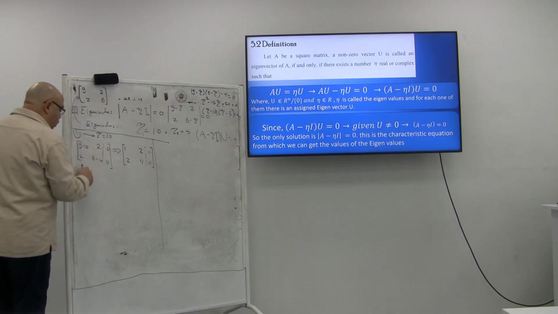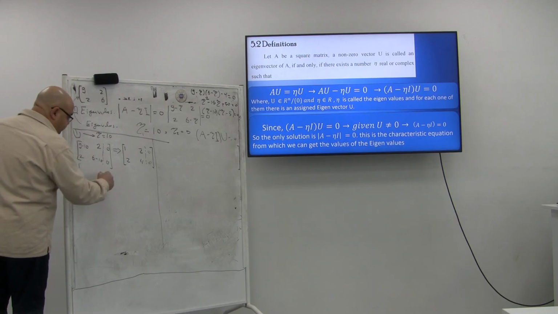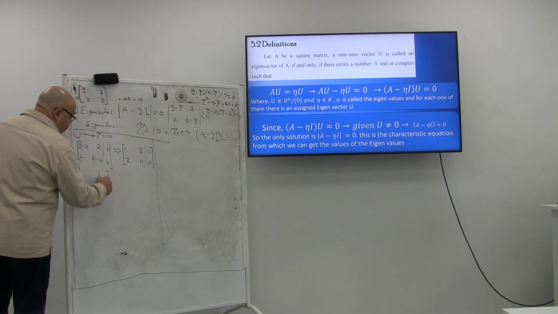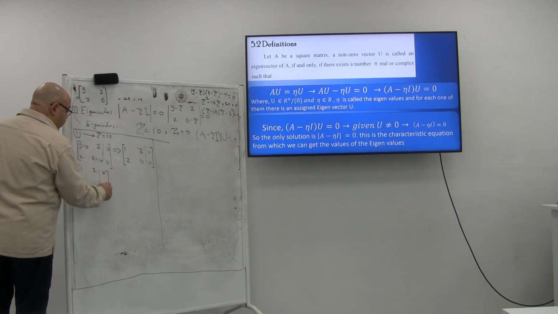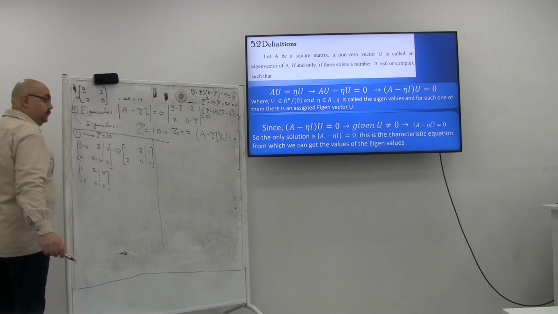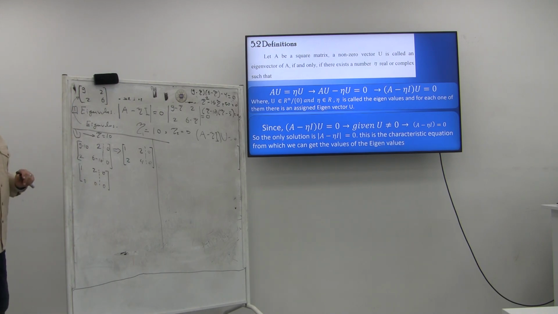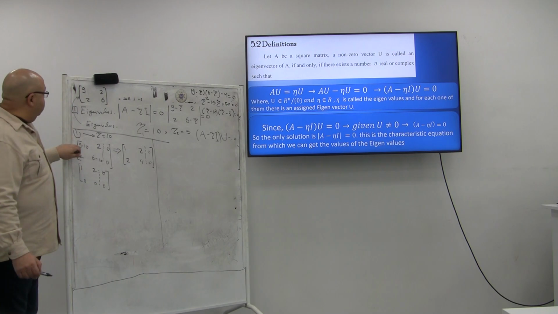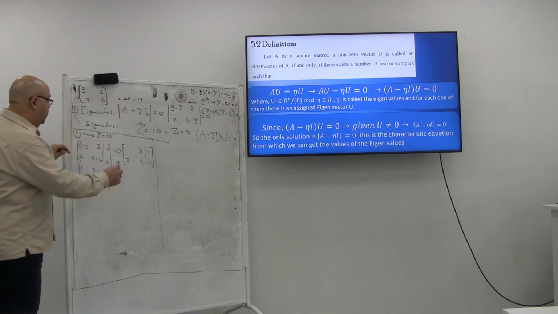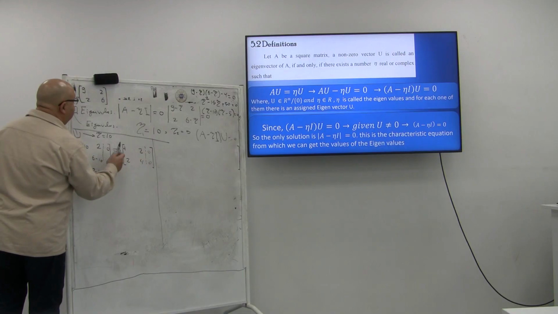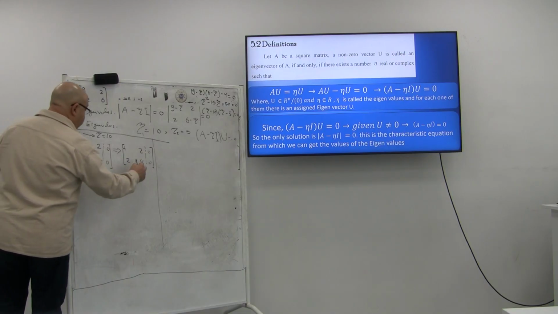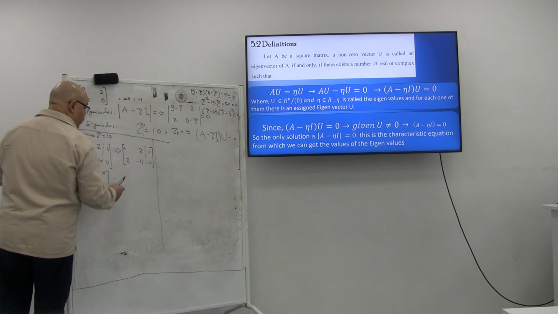If you do so, you will have the following. This is 1, that's gonna be 2 and 0, then 0, 0 and 0. Am I right? So once more, 9 minus 10 is gonna be negative 1. Then I will have 2 and 2, then 6 minus 10, which is gonna be negative 4.